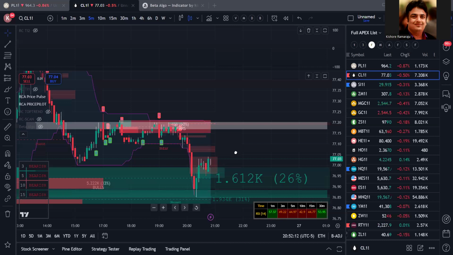Any approach guys, you can use one or two rhythmic techniques. So you can take advantage of both. You can take advantage of using TradingView.